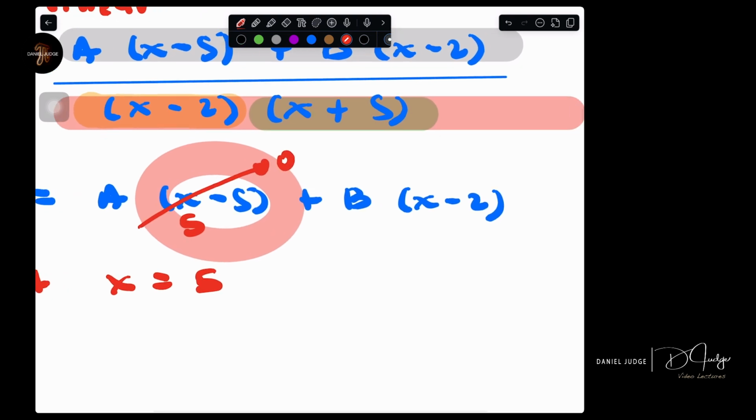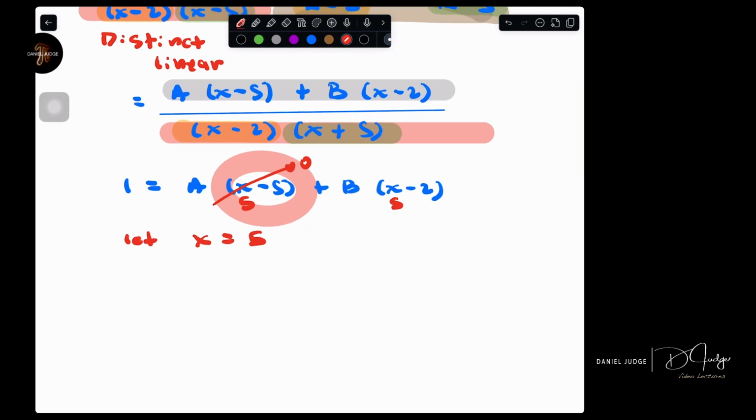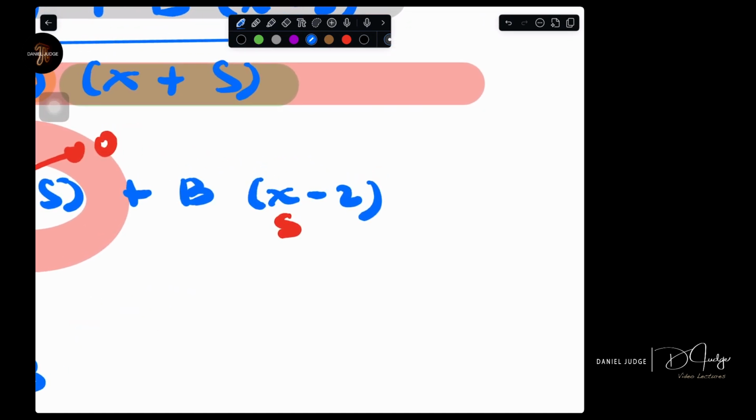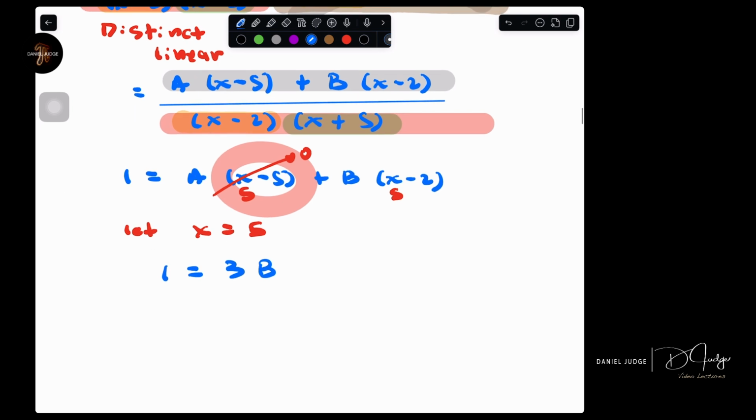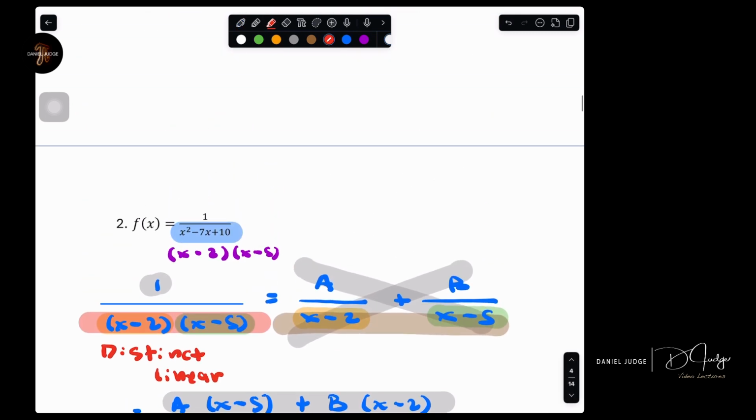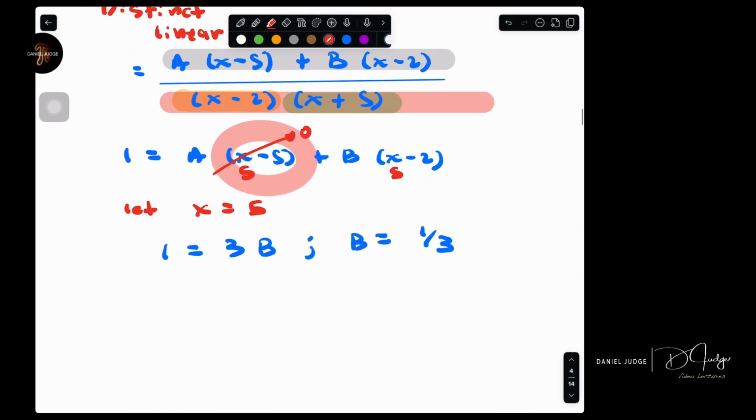You're going to have to let this x be also 5, and you obtain 1 equal to 3b, because 5 minus 2 will be 3. All right, now we can solve for b by dividing both sides by 3, and we're going to get b equal to 1/3.